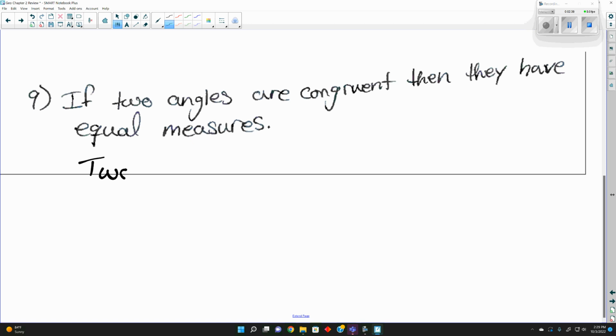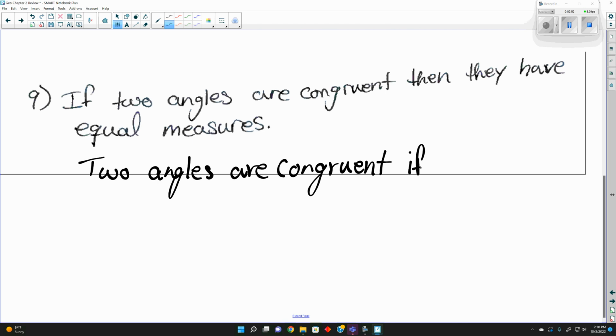So to write as a biconditional statement, we'll say that 2 angles are congruent. Then we'd put what? If and only if. IFF is shorthand for if and only if.